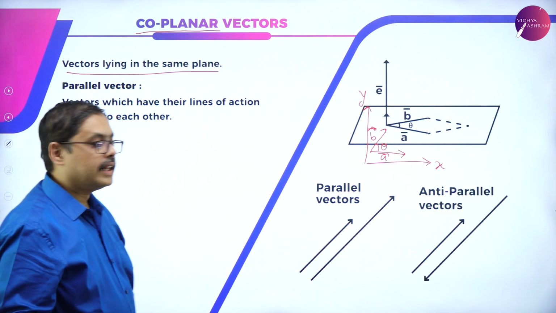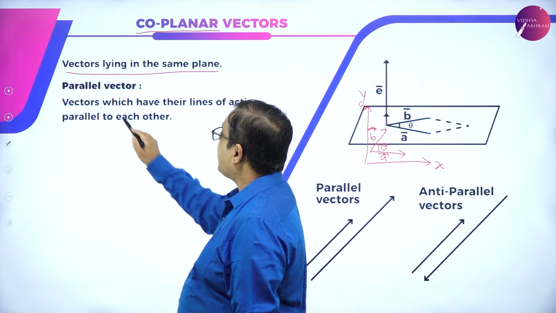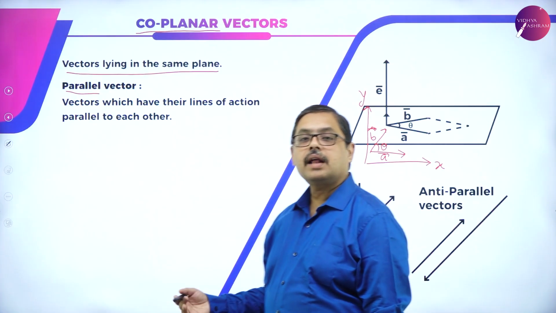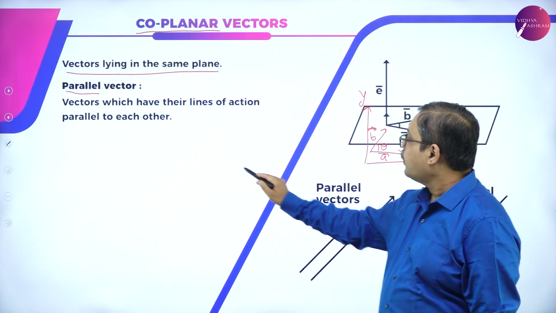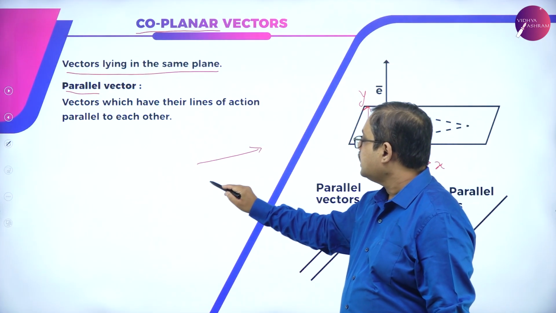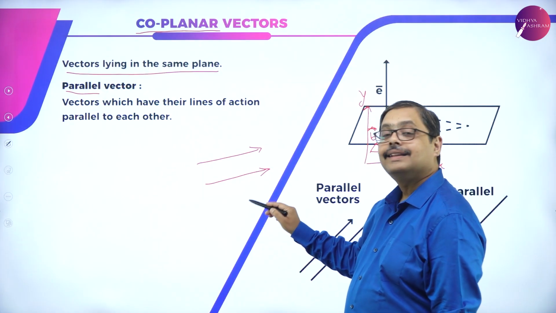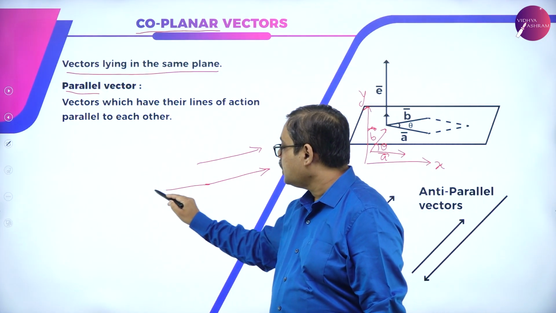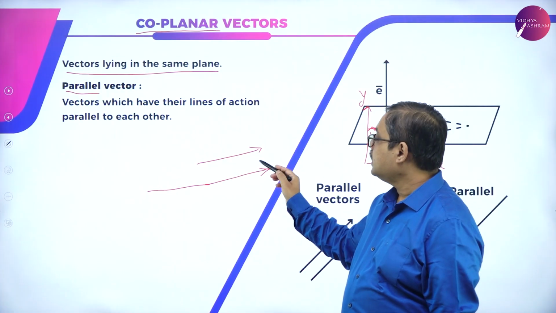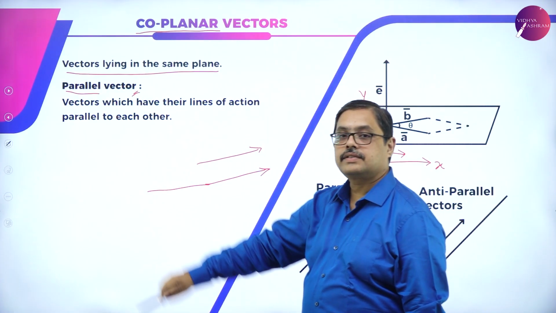Now coming to another point, which is parallel vectors. What are parallel vectors? If two vectors are acting in the same direction, their magnitude may be equal or may be different, then they are called parallel vectors.